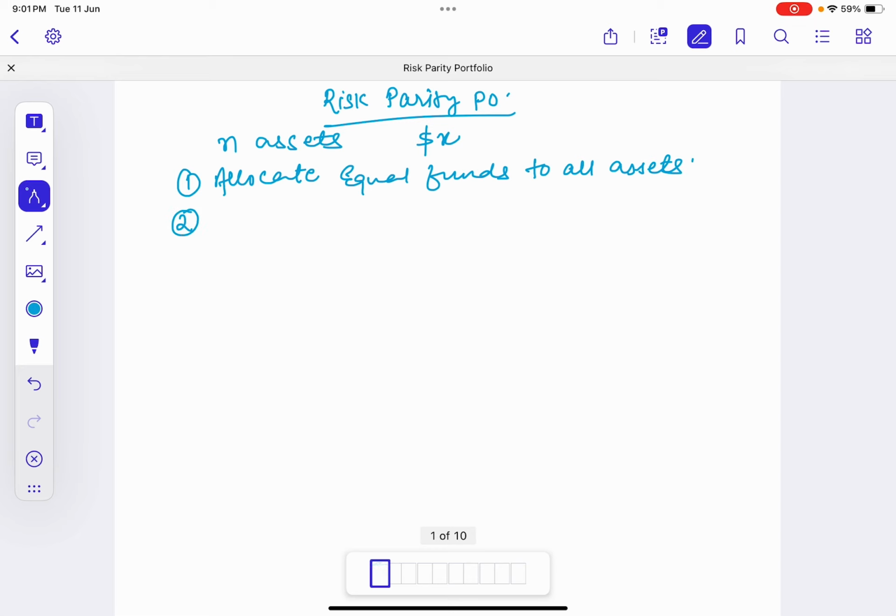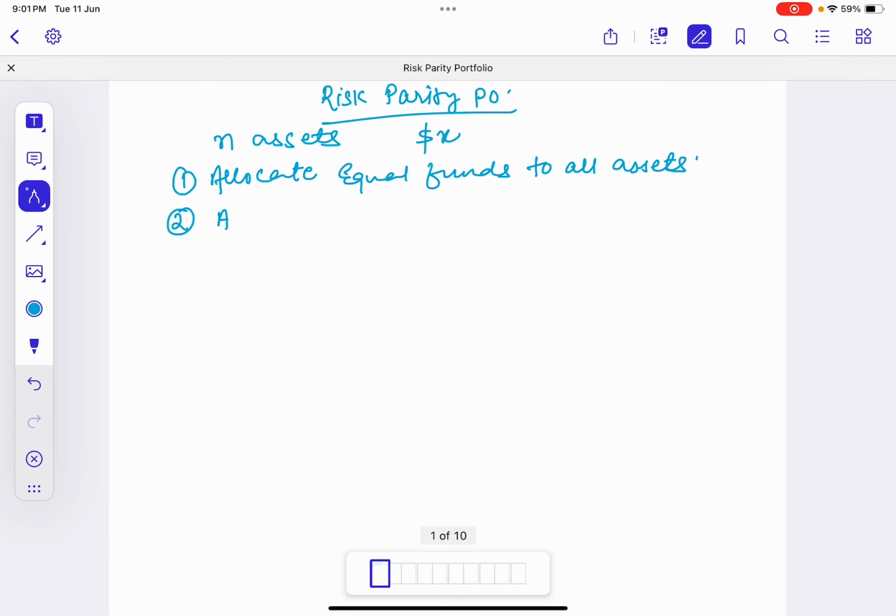The second strategy can be to allocate funds according to the market capitalization of the assets.